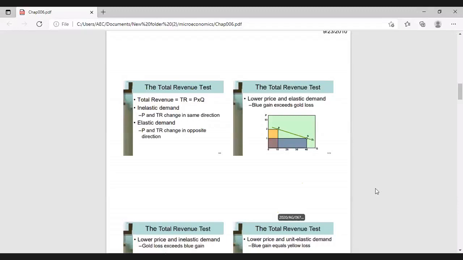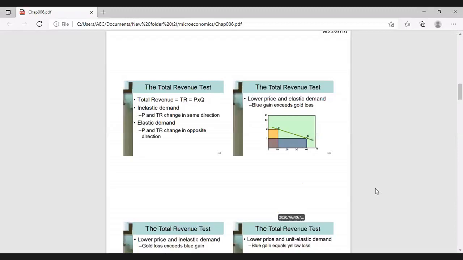So from the total revenue, we can simply identify whether this product is inelastic or elastic. We can show it in a graph also. Look at the demand curve.